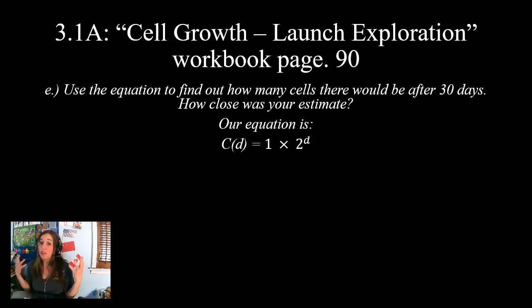And now we can actually figure that out. We have an equation that we have come up with that we can figure out, right? The number of cells after D days is equal to our initial value. We started with 1 cell, multiplied by our constant multiplier raised to the power of how many days have gone by, okay? So what we need to do is plug in 30 for D, right?